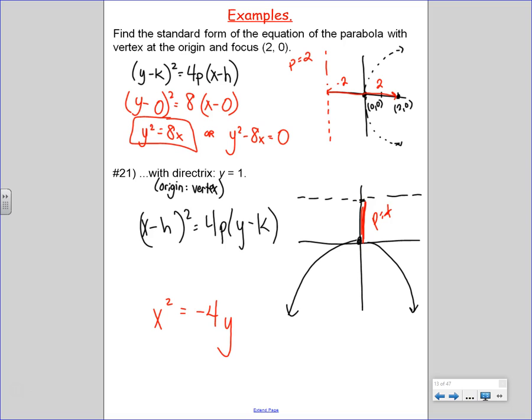You can think that P is always the distance to the focus specifically. In this one, the distance was a positive 2 to get to the focus, and in this one, to get to the focus, it would have had to go -1.